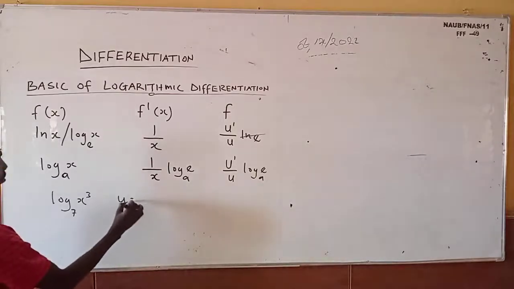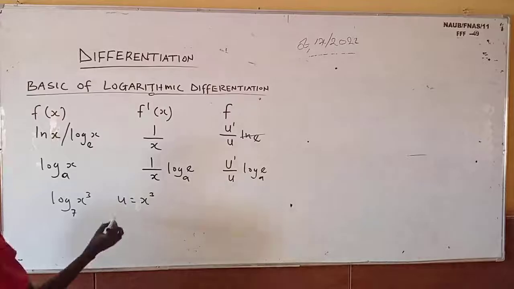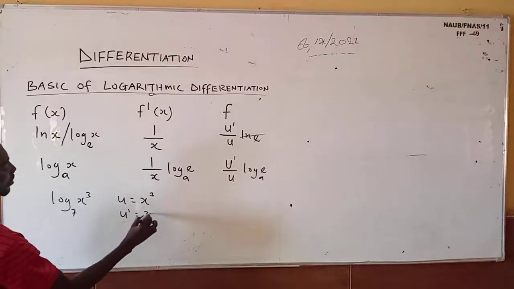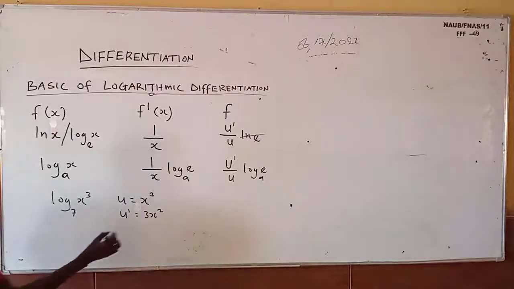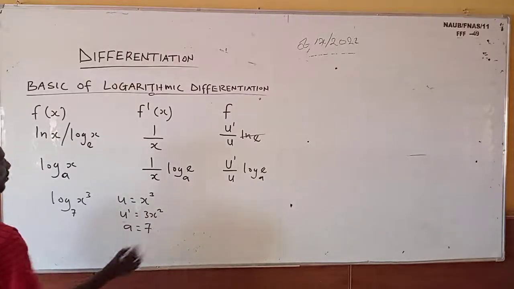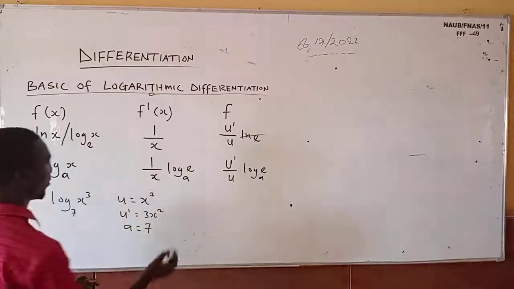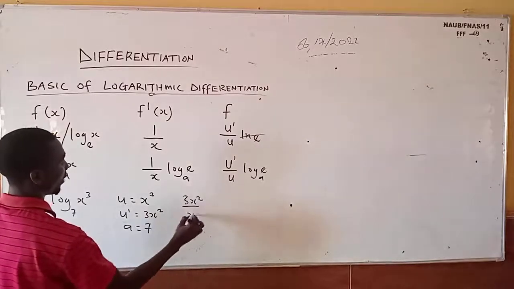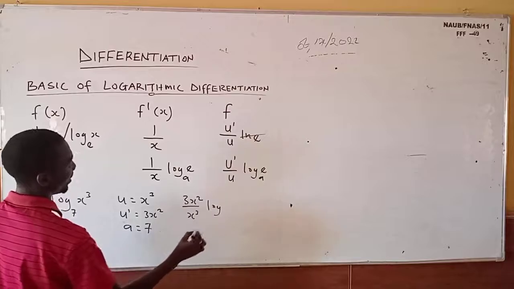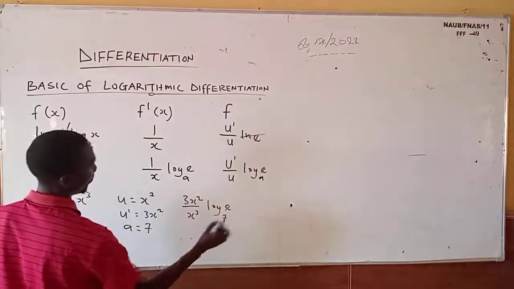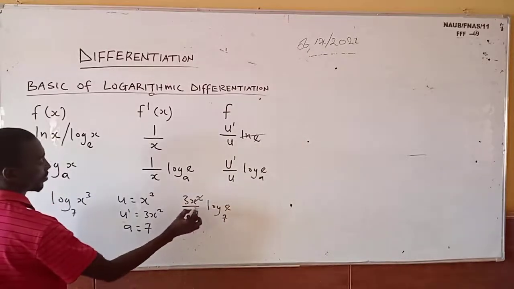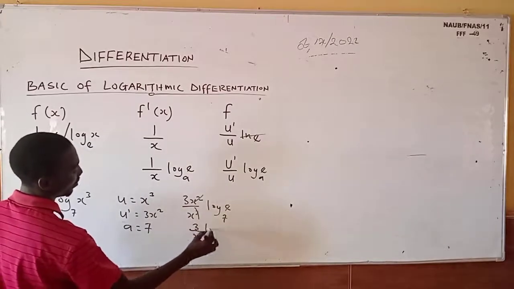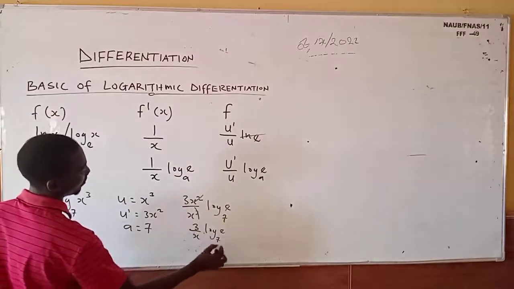Say u should be equal to s to the power of 3. So what is u prime? U prime will be equal to 3s squared, right? Then our a is equal to 7. So put it there. You are going to have u prime over u first, 3s squared over s cubed, log e base 7. So s squared will cancel out, s squared will be left with s. So our answer is 3 over s, log e base 7.